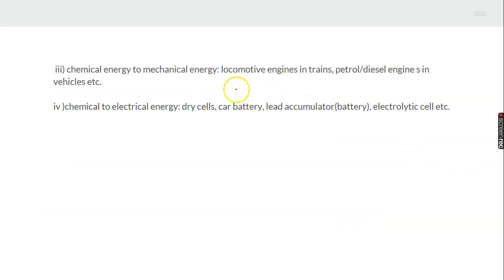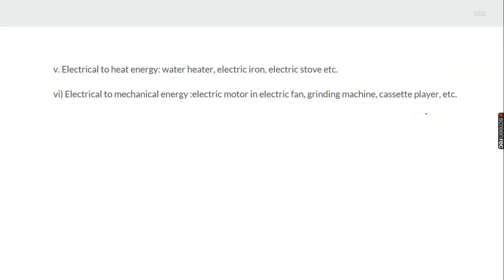And for chemical to mechanical, we have examples in vehicles, diesel engine, locomotive engine. We have chemical to electrical energy, which we can see in our lead accumulator or batteries, car batteries. We have it in electrolytic cells.